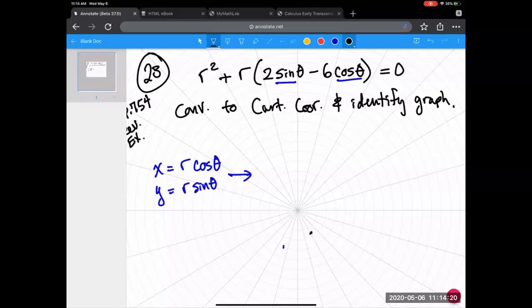Then I would get r squared plus r times 2. So sine theta is y over r. And cosine theta is x over r.